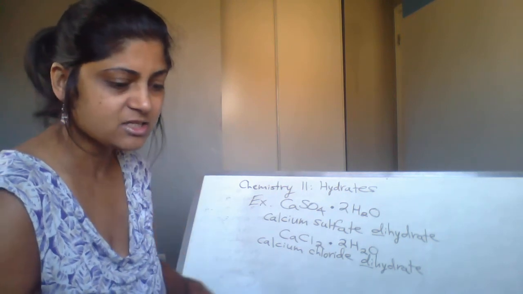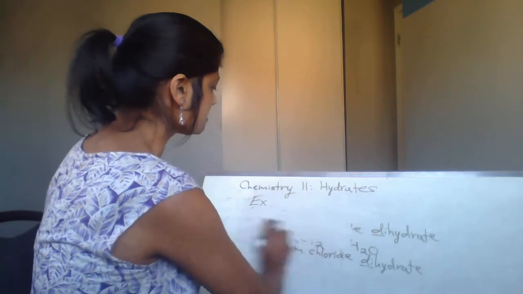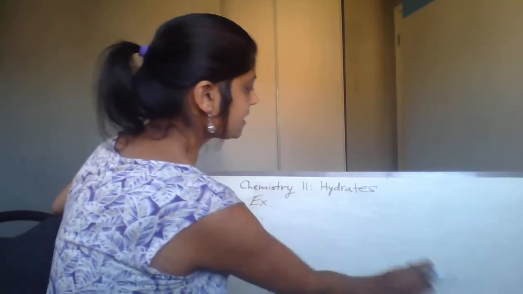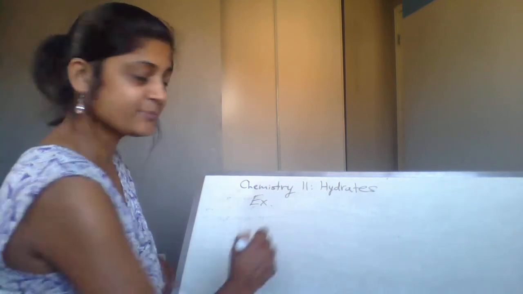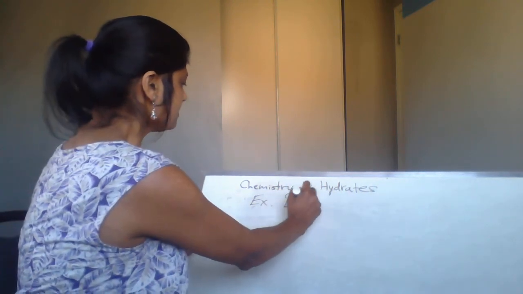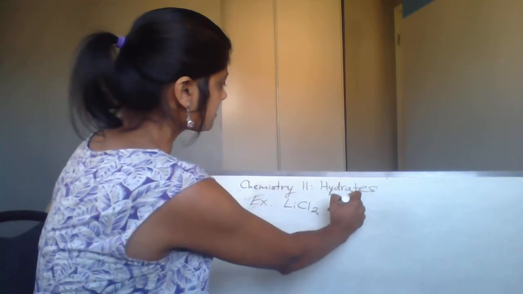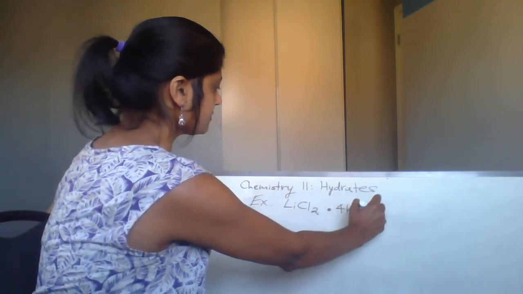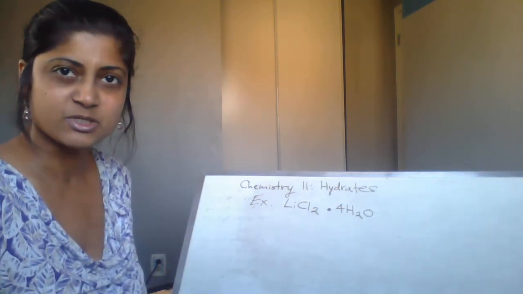Let's try one more example where we're just naming the compound. I'm going to take this off, and we're going to change the number of molecules of water here. Let's do LiCl2, and a dot, and let's do 4H2O. Say I'm naming this one more time.